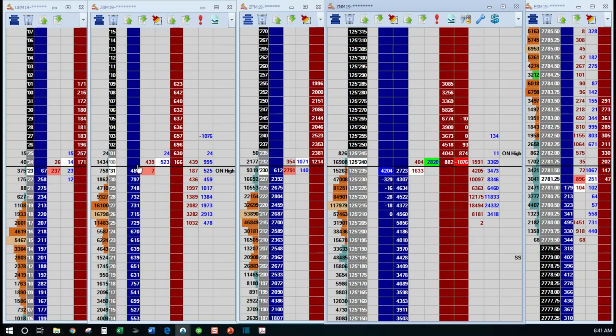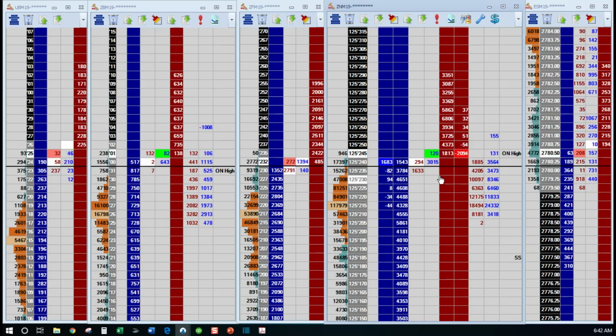Got some pretty good prints over here already in the 30-year, but I don't really trust any sort of absorption there. It's not as evident.